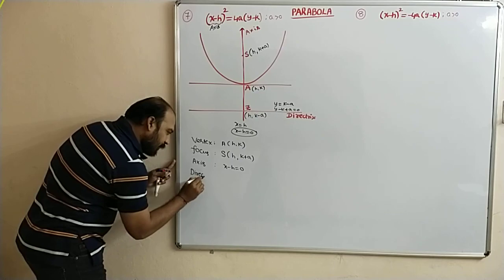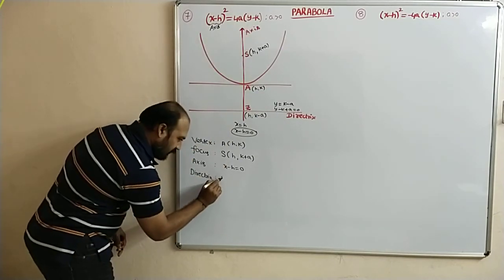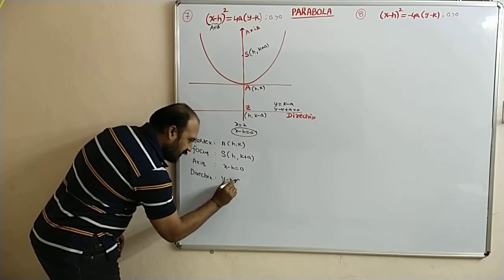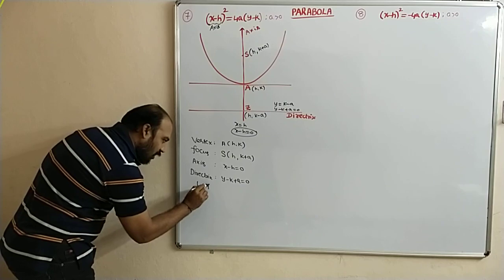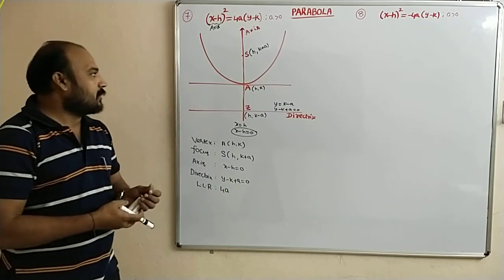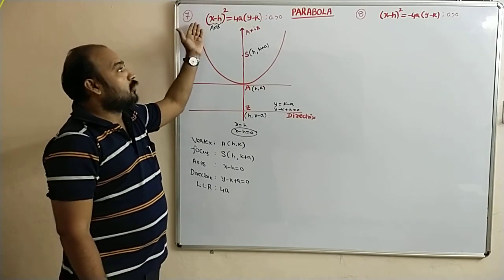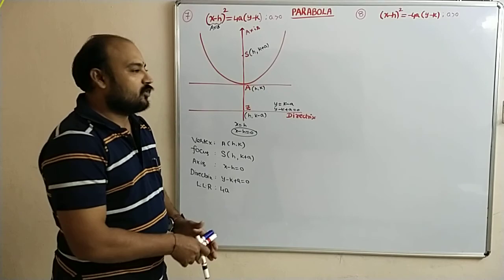Directrix: y minus k plus a equal to 0, equation of directrix. LLR, length of latus rectum, equal to 4a. This is about the equation of parabola x minus h whole square equal to 4a into y minus k.